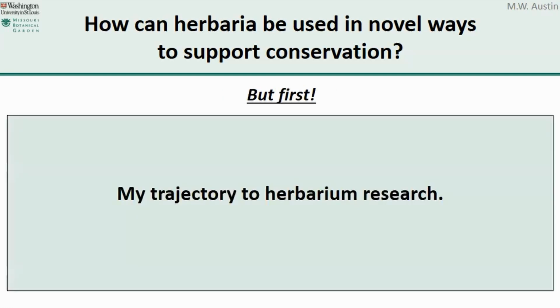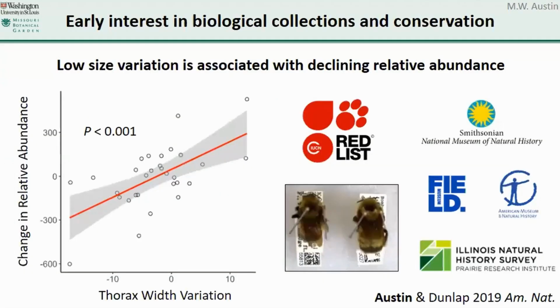But before moving into either of these, I'd like to give you all the backstory of how I was led to the herbarium. So my trajectory to herbarium research begins from gaining an early interest in the utility of biological collections for supporting conservation at the very onset of my PhD.